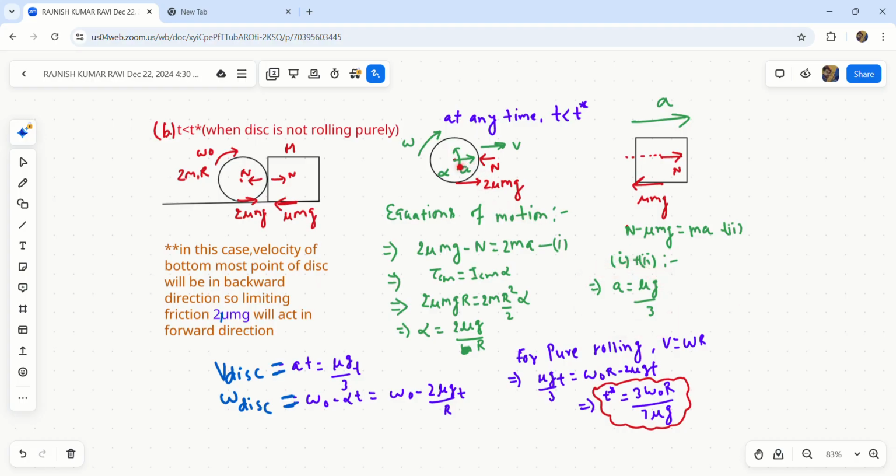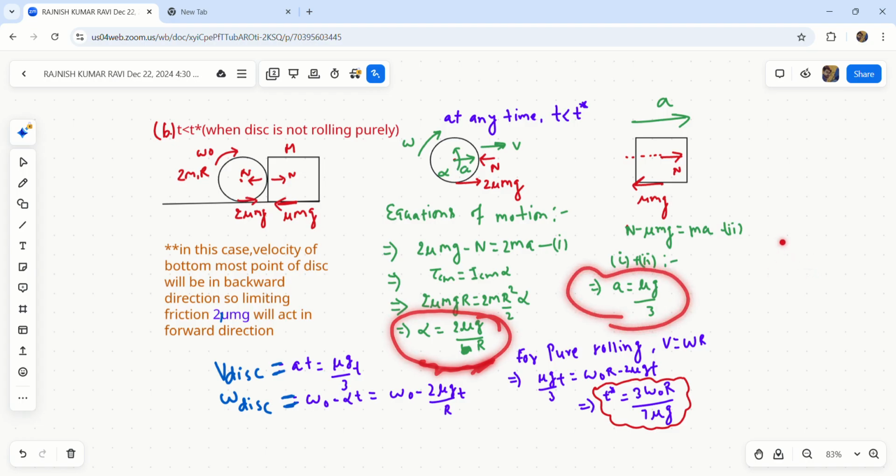Now if we write the torque equation about the center of the disk, tau cm will be I cm times alpha. Tau cm will be 2 mu mg times r, that will be I cm times alpha. From here we can find the alpha about the center of the disk. So this is the alpha and this is the acceleration.